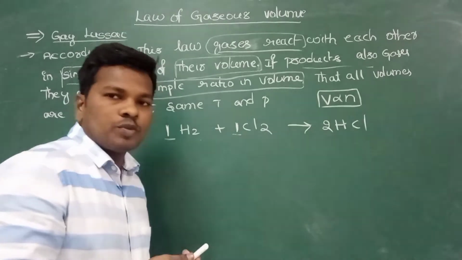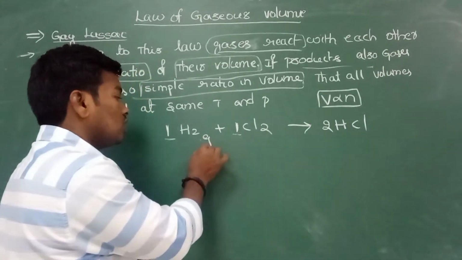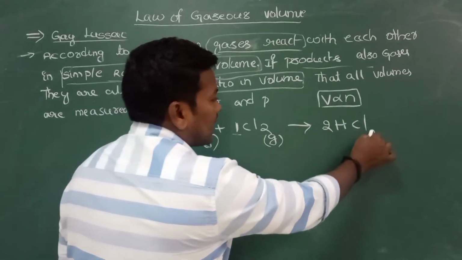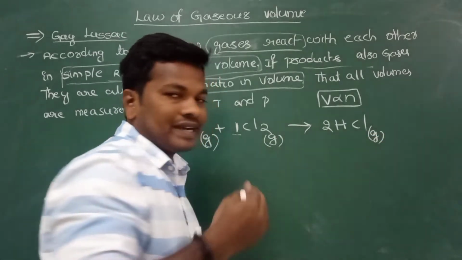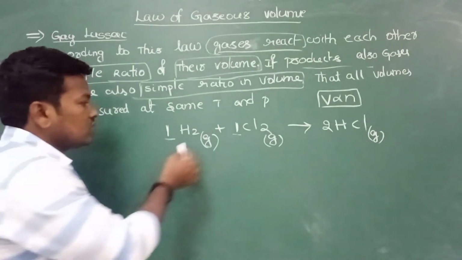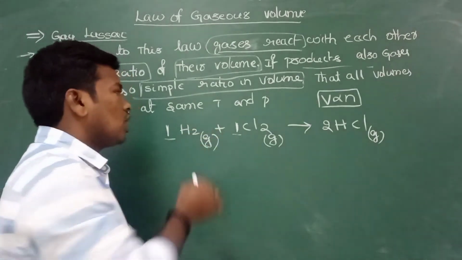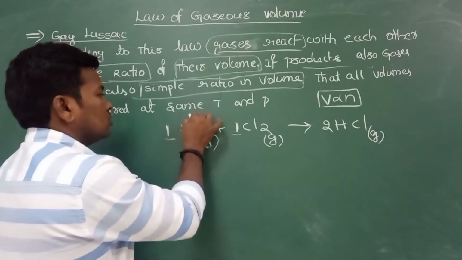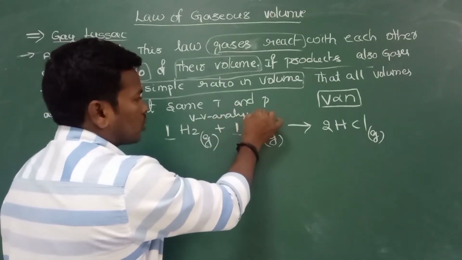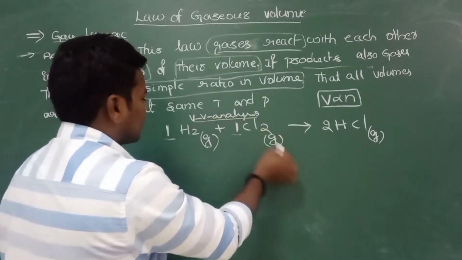While calculating the volumes of gases, you can consider the stoichiometric coefficient as a volume. In volume analysis, you can consider the stoichiometric coefficient as one volume.